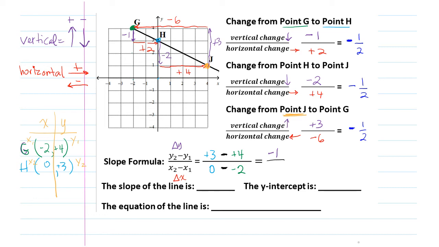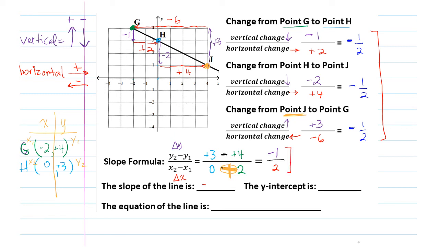Whenever you have double signs like this, minus a negative is the same thing as plus a positive. They cancel each other out. You may have heard keep, change, change. In 7th grade and 8th grade, we're transitioning to getting rid of the double signs, and it's actually plus a positive. So I have 0 plus 2, which equals 2, right?